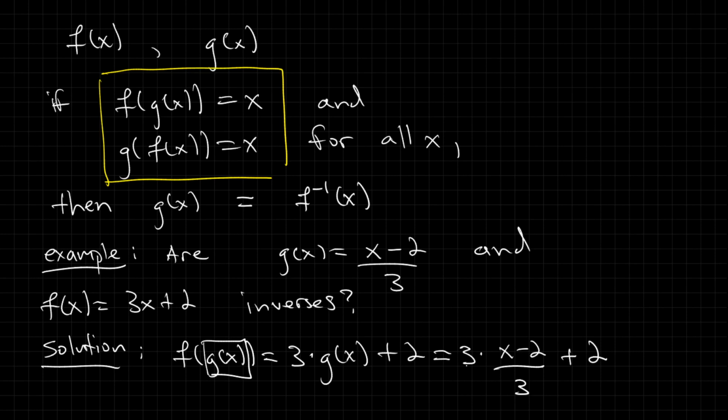And what happens here is the 3's cancel, and we have negative 2 and plus 2 canceling, and so we get that this is simply equal to x. Now I'll leave it to you, but it also turns out that g of f of x is equal to x. And so once you conclude that g of f of x is equal to x, the answer here would be yes. g of x is equal to f inverse of x.